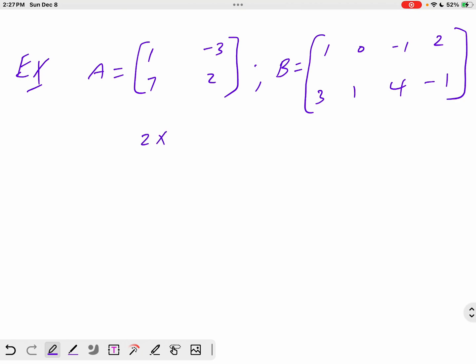If you look here, this is 2 by 2, and this is 2 by 4. The first one has 2 rows and 2 columns. The second one has 2 rows and 4 columns. Columns are vertical, and rows are horizontal.